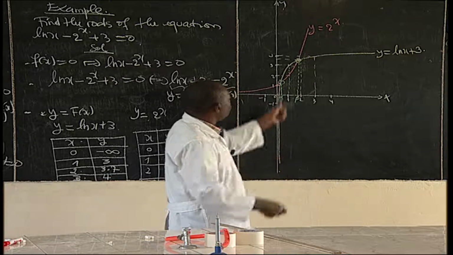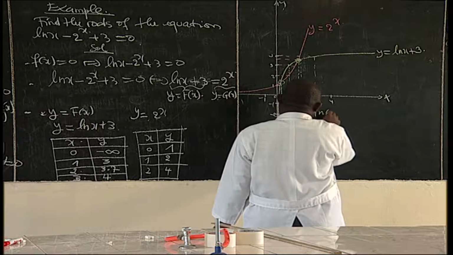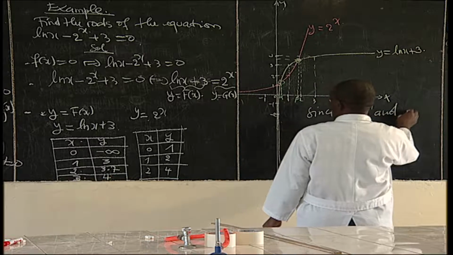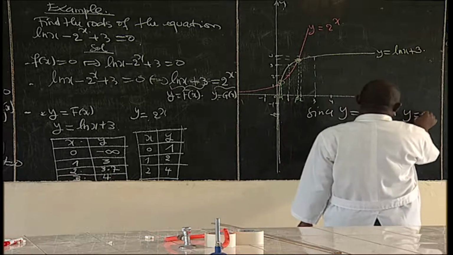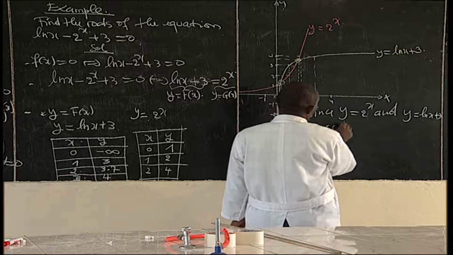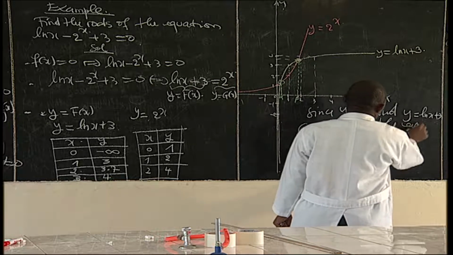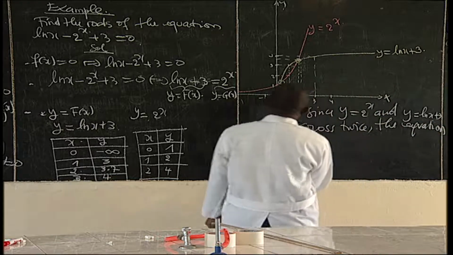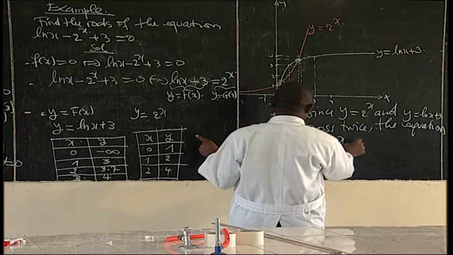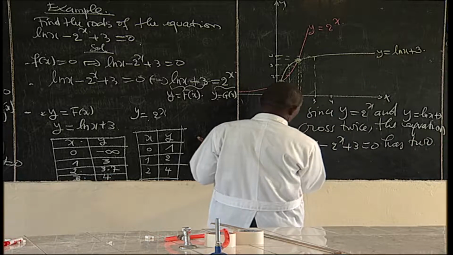So as the two curves, y equals 2 power x and y equals ln of x plus 3, cross twice, the equation ln of x minus 2 power x plus 3 equals 0 has 2 roots.